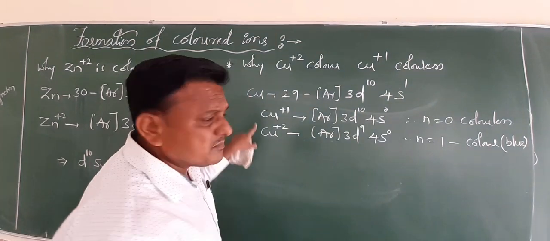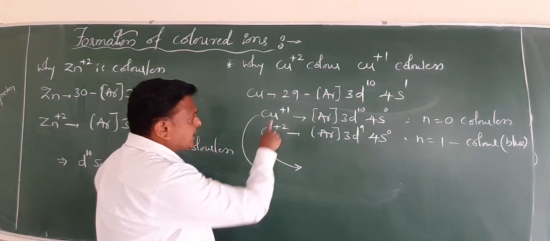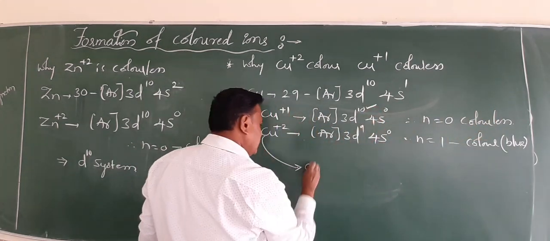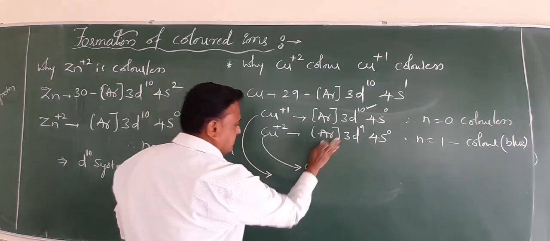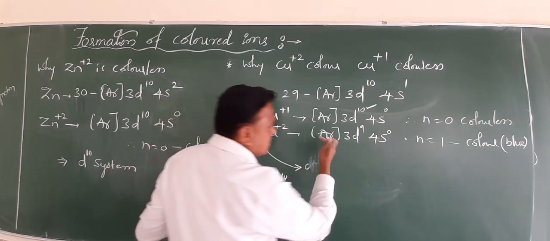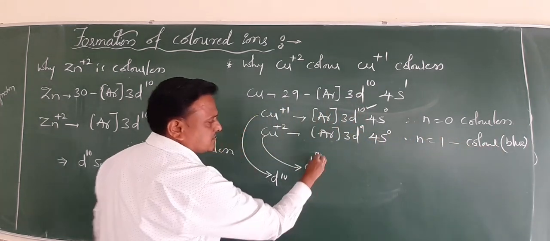Here comes copper 1 and copper 2. Sir, why is copper 1 colorless? Because it is a d10 system. Why is copper 2 colored? Because it is a d9 system.